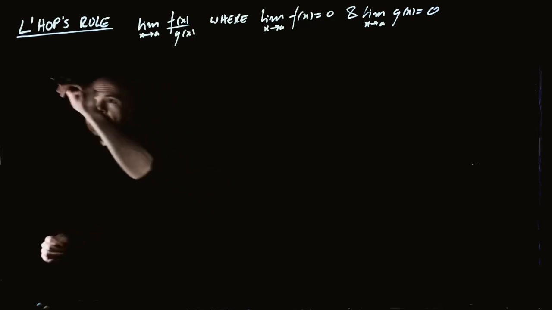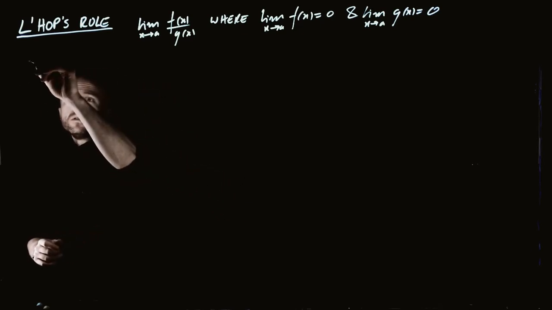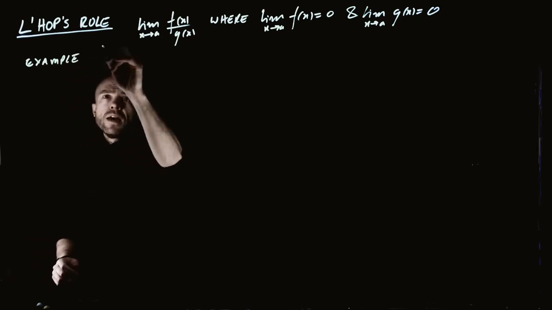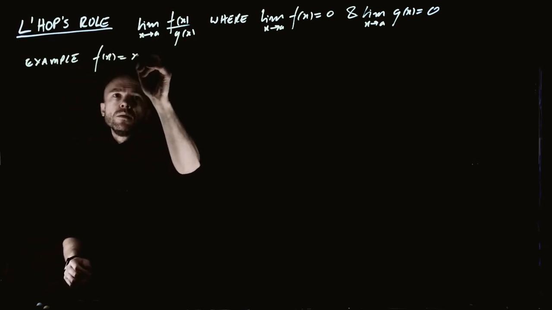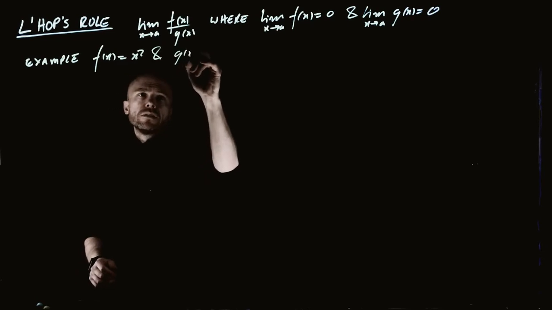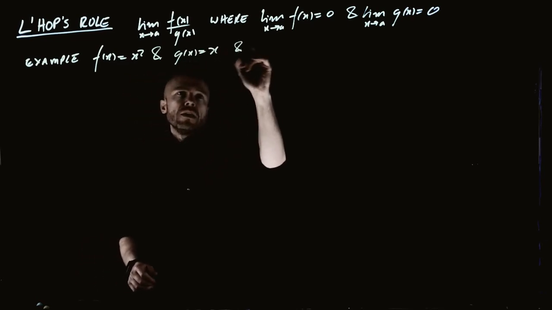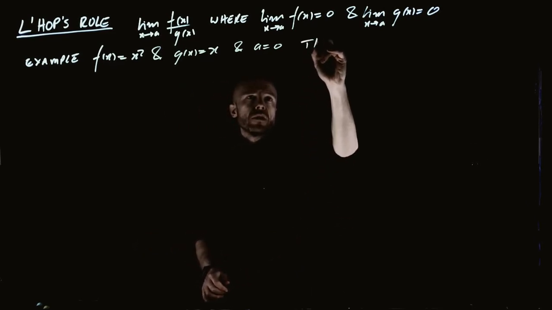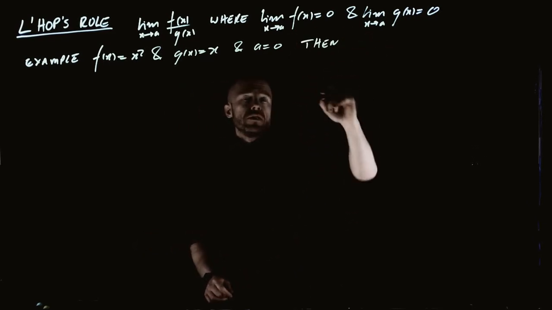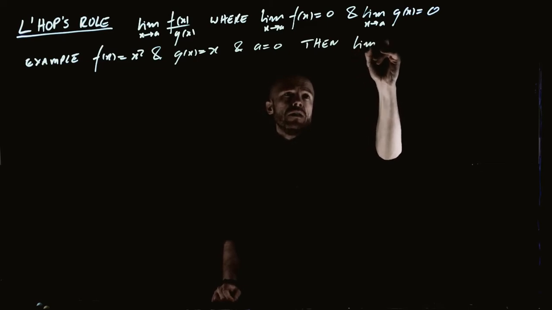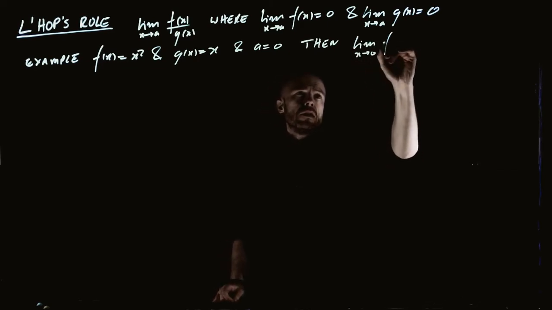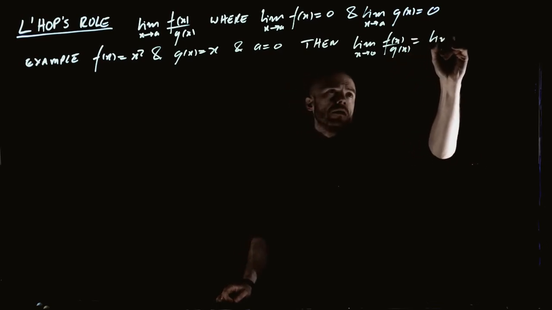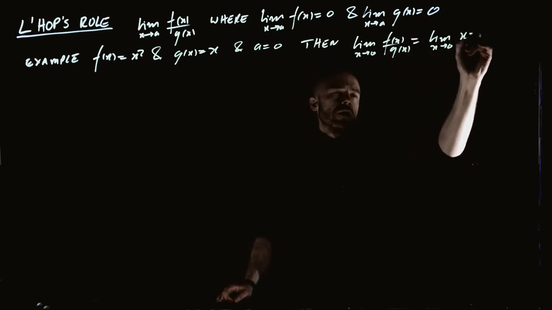So, for example, if we have f of x is equal to x squared, and g of x is equal to x, and a is equal to 0, then these conditions are satisfied, right? And the limit as x goes to 0 of f of x over g of x is just going to be the limit as x goes to 0 of x, which is 0.